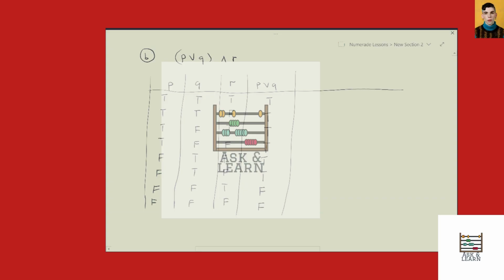Okay, so we are looking at P or Q and R. The and is like that: P or Q should be true, then the R too should be true for it to be true. If the two are true, then it would be true, else it would be false.